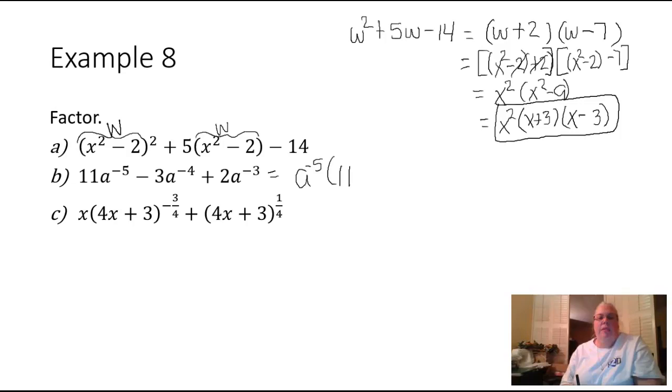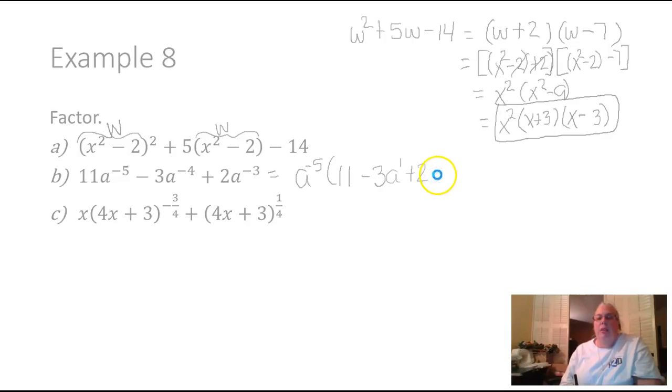That's going to leave me with 11 minus 3. Okay, now remember your exponent rules. When we're dividing, negative 4 minus negative 5 is going to be positive 1. And then negative 3, when we're dividing, minus negative 5 is going to be positive 2.